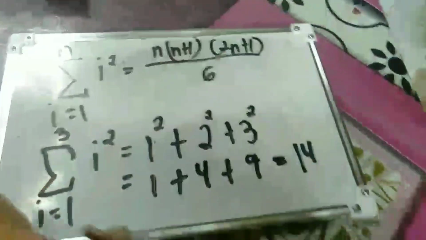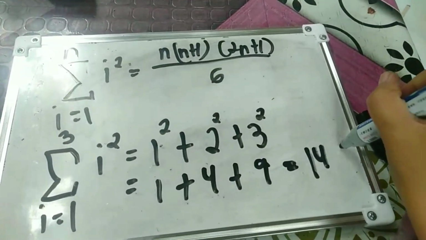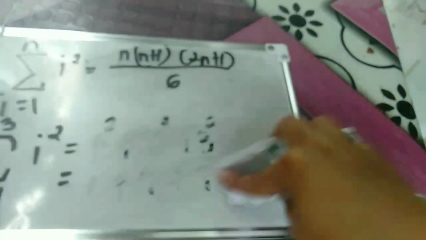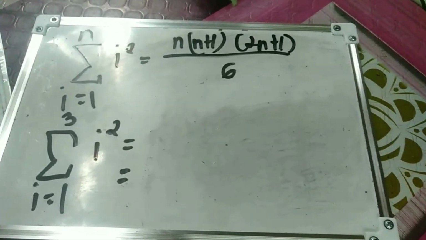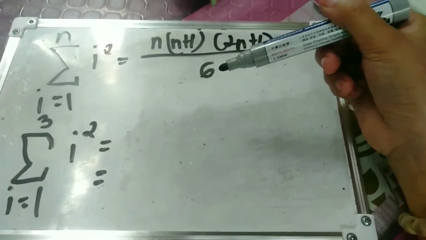Now let's try the formula. Tandaan nyo lang itong ating sum dito is 14. Burahin muna natin to para may space tayo. Hirap ng one hand. So let's try with the formula kung pareha ba yung kanyang sum. Katulad kanina 14, so dapat 14 din sa formula.